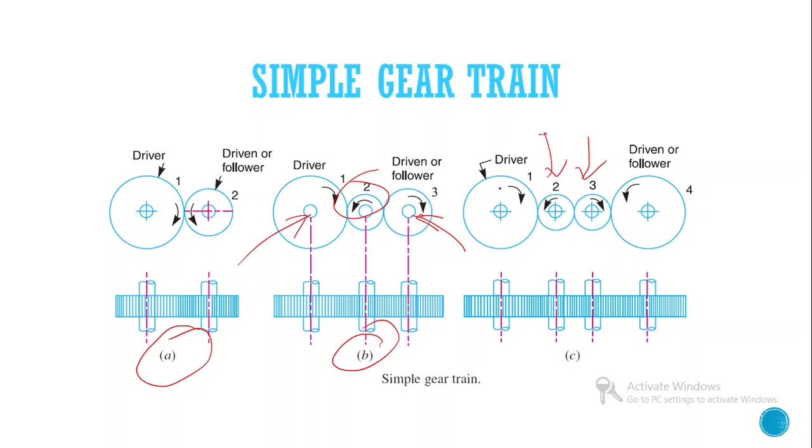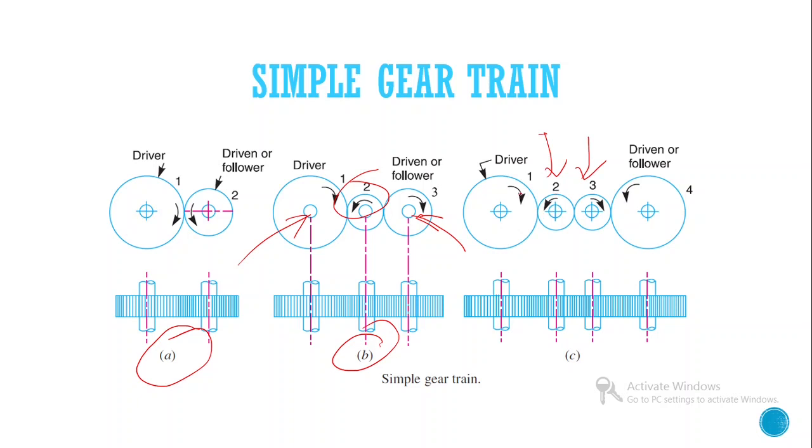The first one, the driver, rotates in the clockwise direction, then intermediate gear 2 rotates in the anti-clockwise direction, then the third gear rotates in the clockwise direction, then the last one, the driven or follower final gear, rotates in the anti-clockwise direction. And we know that whenever one gear rotates in the clockwise or anti-clockwise direction, the gear which is meshing with it must rotate in the opposite direction.